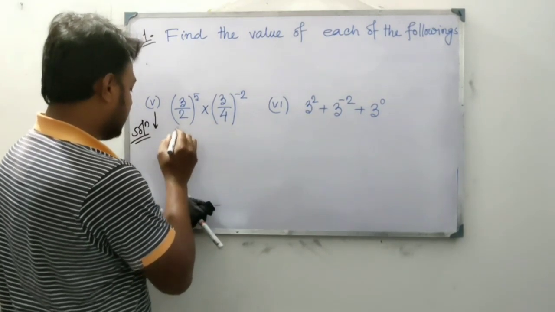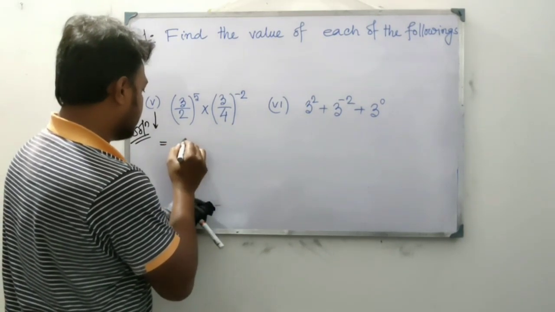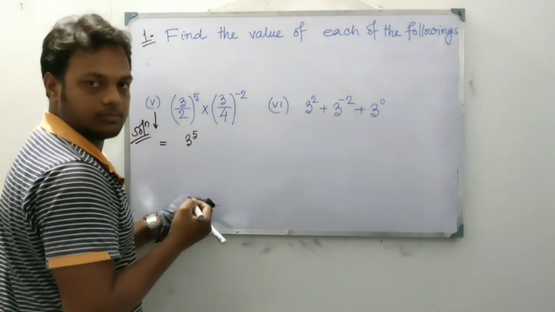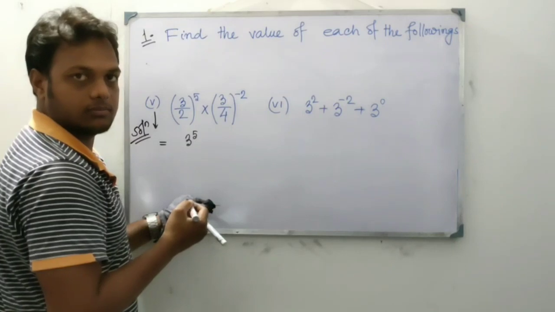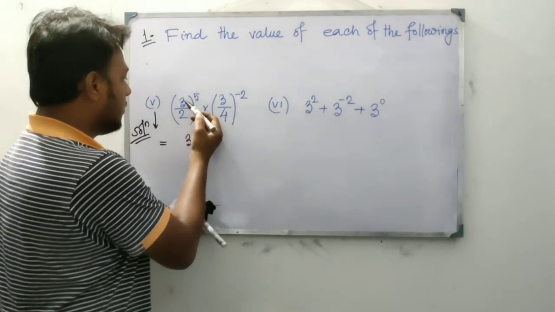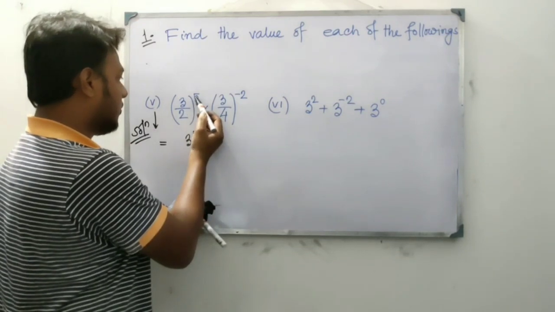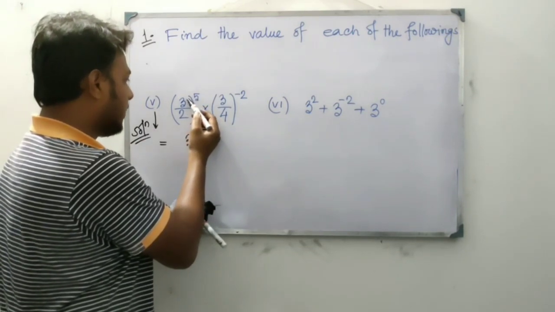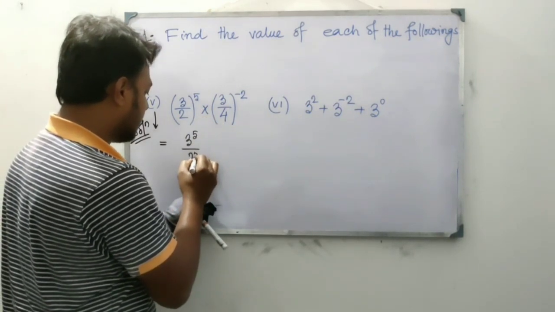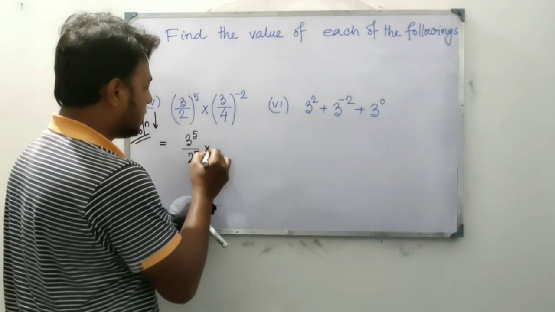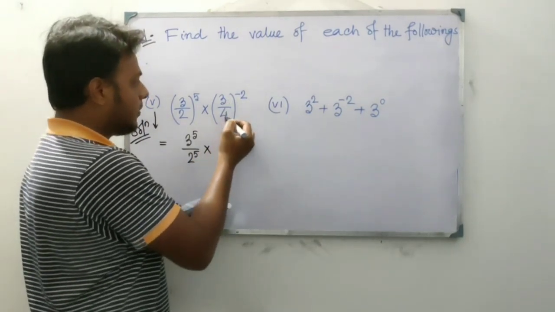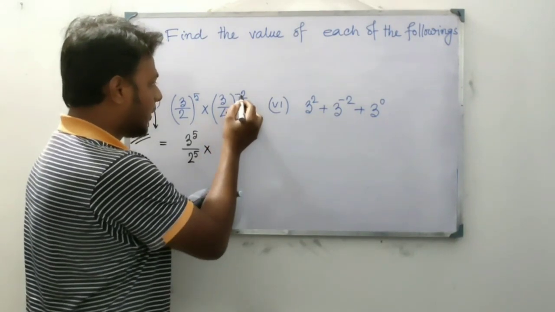So we know that (3 by 2) to the power 5 means we can distribute the power over numerator and denominator. If we distribute the power over the numerator, it will be 3 to the power 5, and if we distribute it over the denominator, it will be 2 to the power 5. So 3 to the power 5 by 2 to the power 5, into 3 by 4, and this again has the power minus 2.